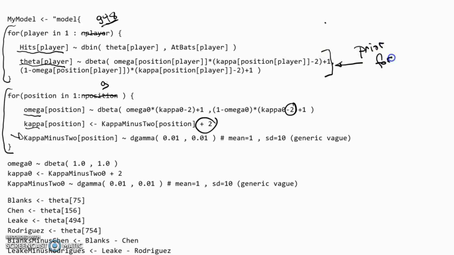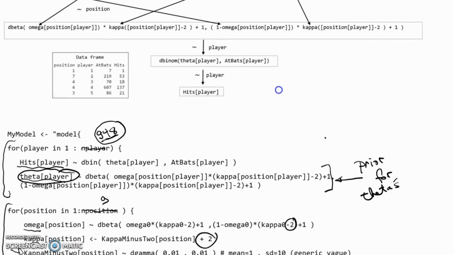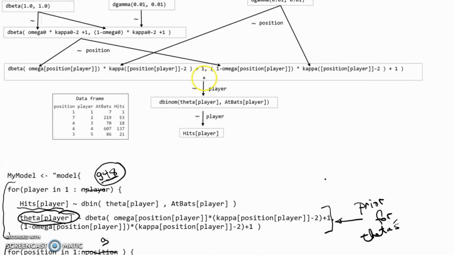The prior for the thetas. Remember, each individual player is going to have its own theta that reflects the ability of that person to hit the ball. And so what's the prior for that? Well, here's the prior right here.